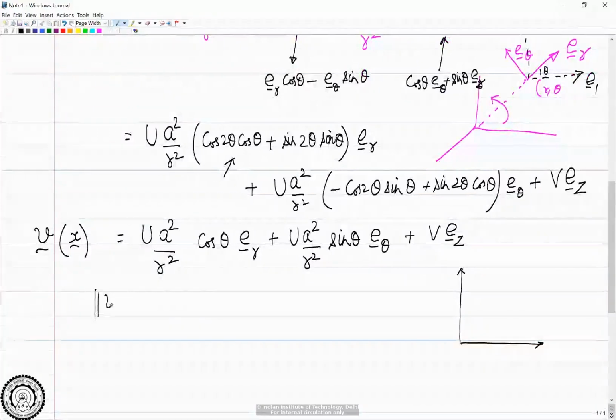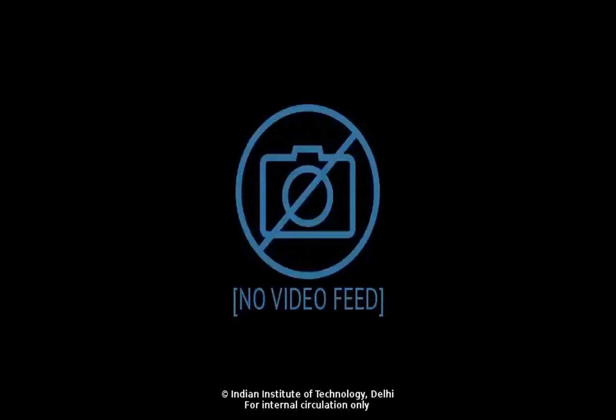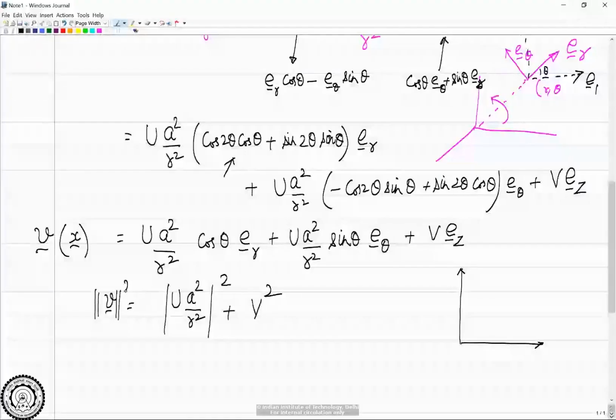You take the square of each of the coefficients and then take the square root, so that is simply u a square by little r square. That's the magnitude square of velocity. So it is constant.